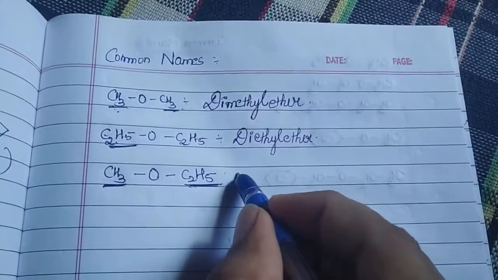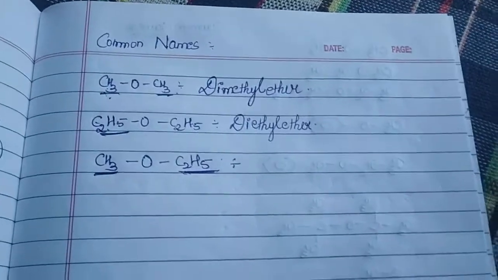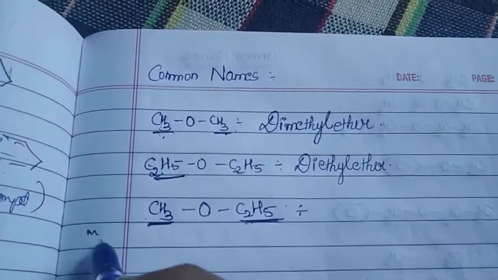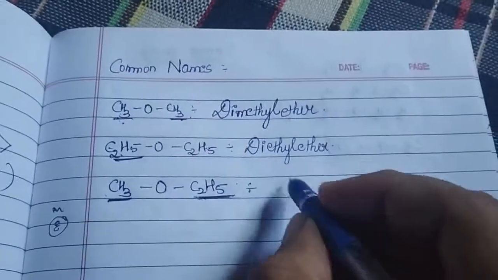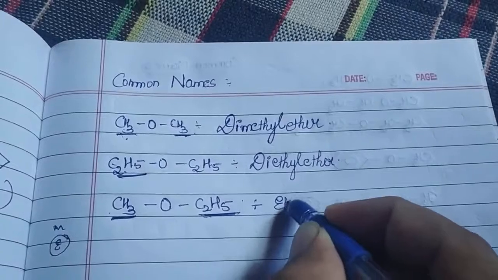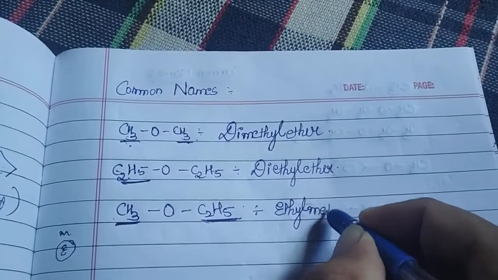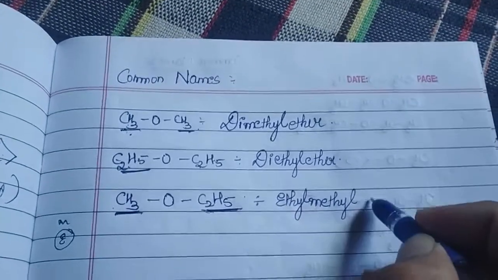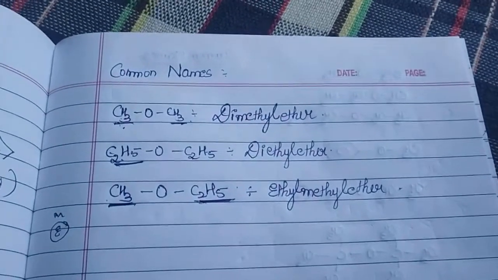So when you are writing the common name for an unsymmetrical ether, you have to follow alphabetical order. Methyl means M is coming, ethyl means E is coming. According to alphabetical order, E comes first. So we will write ethyl methyl ether. Are you getting my point? Yes? Okay, very good.